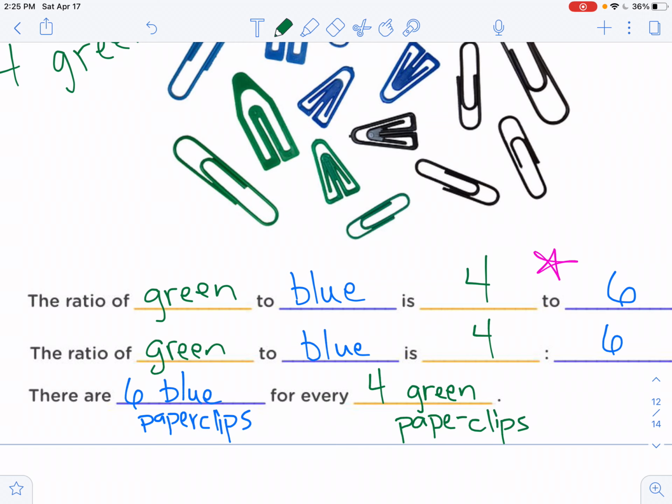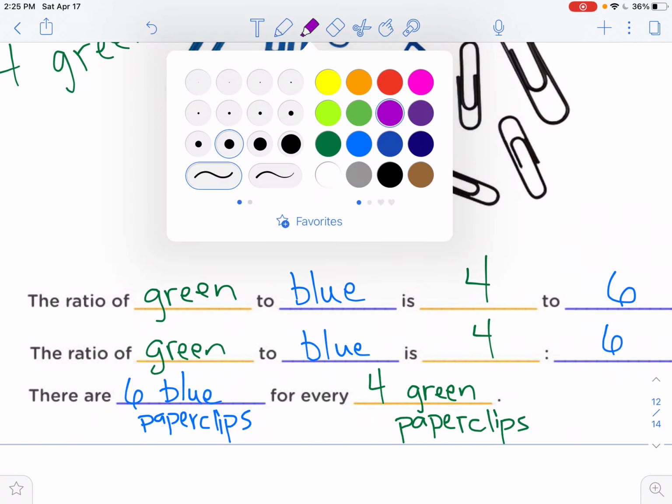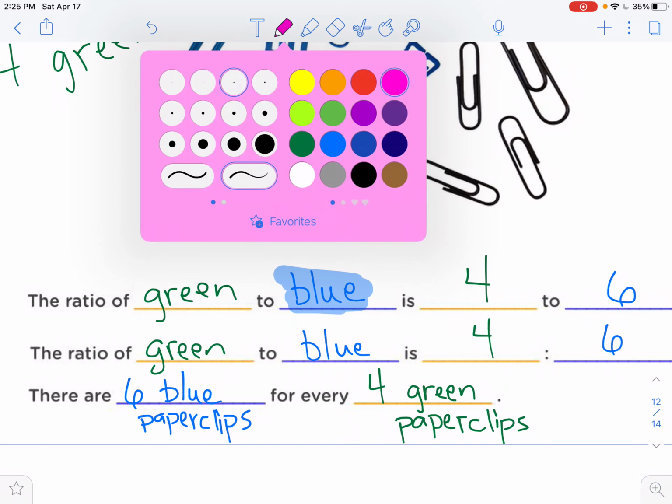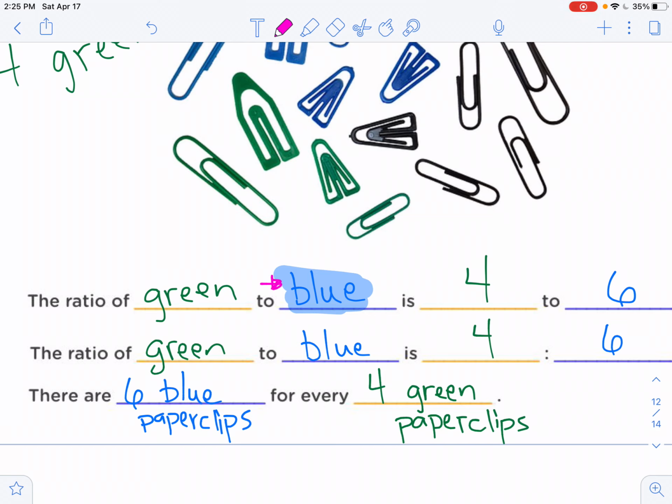Notice this time that I've combined the information above. So I'm going to highlight where you can find that. In the very first sentence, here's blue. It's after the TO. It's to the right of the TO. So if I look to the right of the TO, there's blue.